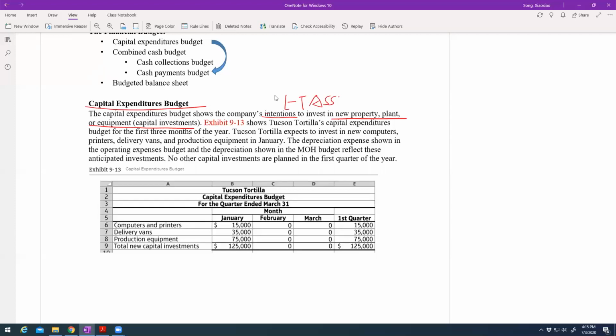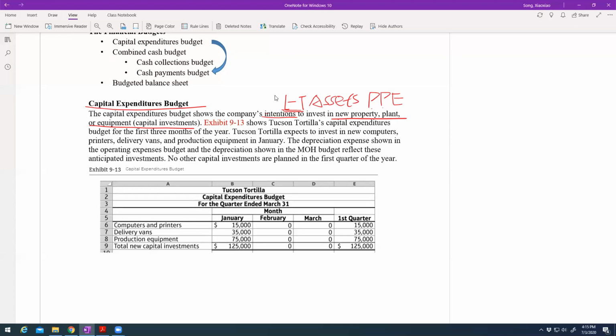That is why we call it capital expenditure. They are not expenses, but they are capitalized. They are the long-term assets on our balance sheet.